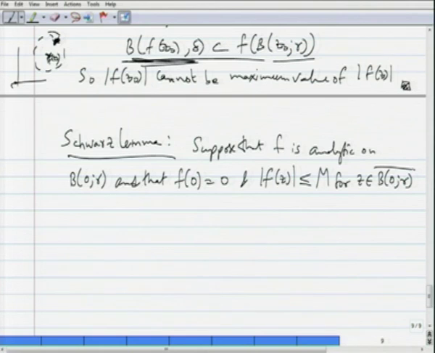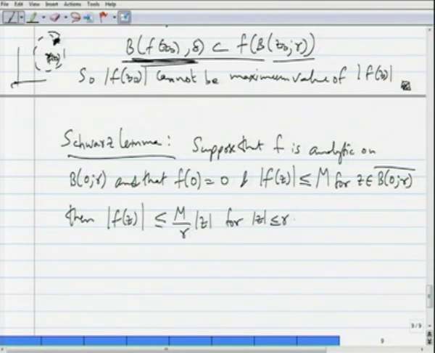Then the modulus of f of z is less than or equal to M by r times modulus of z for modulus z less than or equal to r.